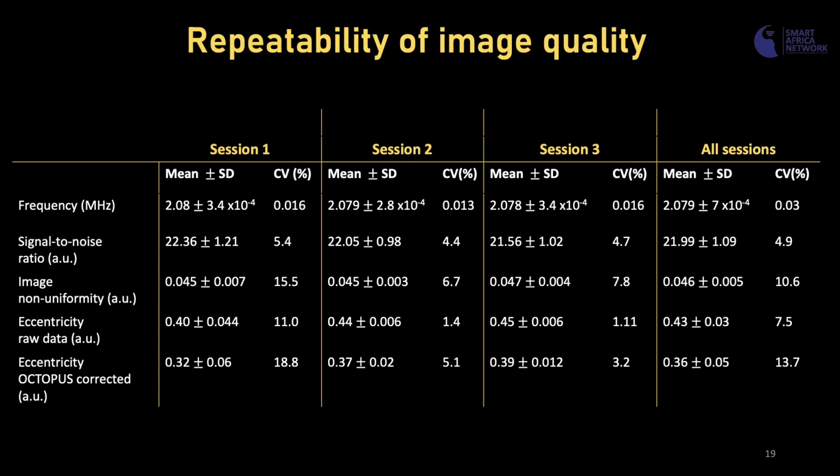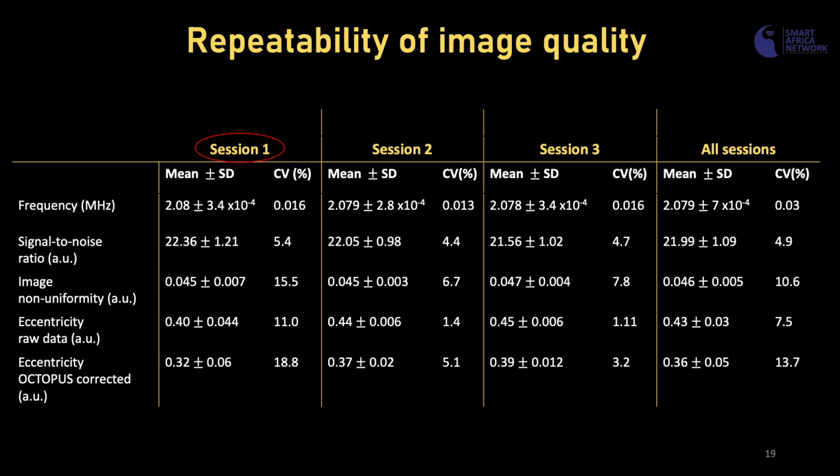This slide shows you the results of repeatability of the image quality over the 30 sessions for frequency, SNR, image non-uniformity, and geometric distortion. You can observe that the coefficient of variation, which identifies the variability in data, is largely less than 10% in most cases.